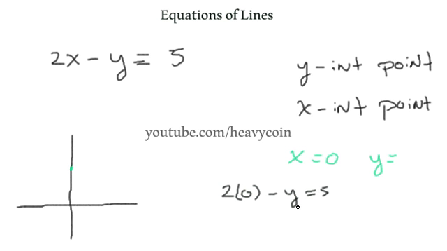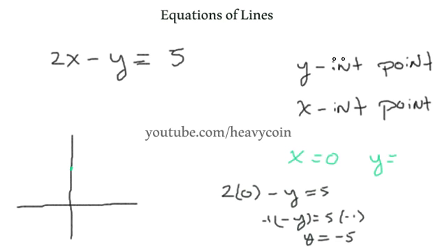Then all we need to do is solve for y. 2 times 0 is 0, and 0 minus y is negative y, equal to 5. We multiply negative 1 to both sides, and negative 1 times negative y is positive y, so y is equal to negative 5.